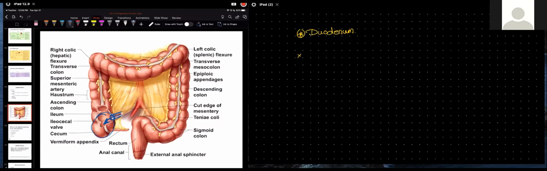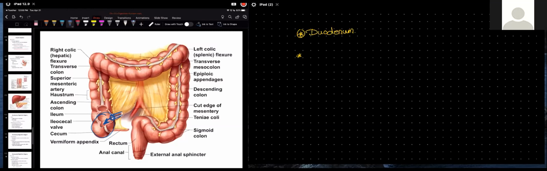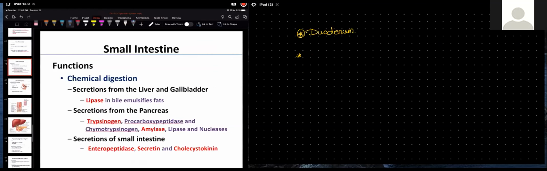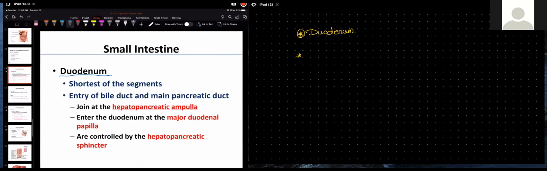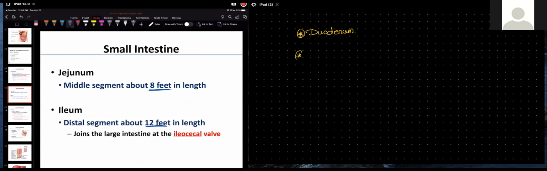Next is going to be the jejunum, see on here, which is 8 feet again in length. And the most distal part, and actually the longest part of the small intestine, is going to be the ileum.